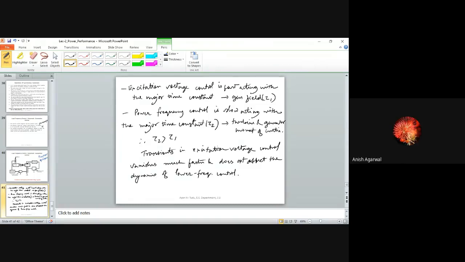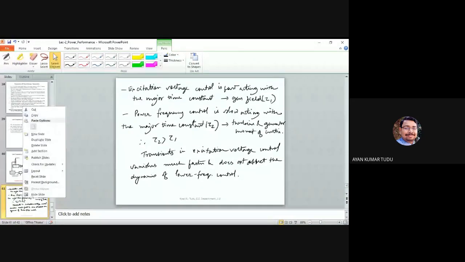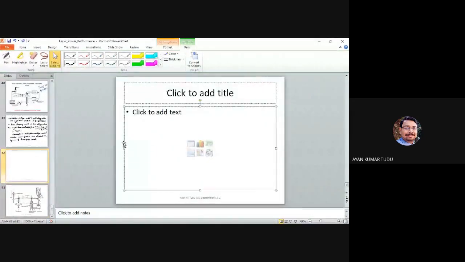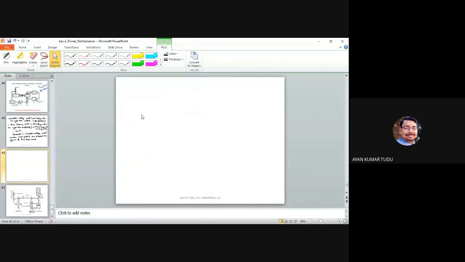Now, when we are talking about these load changes, please remember that these changes in load demand can be of two types.